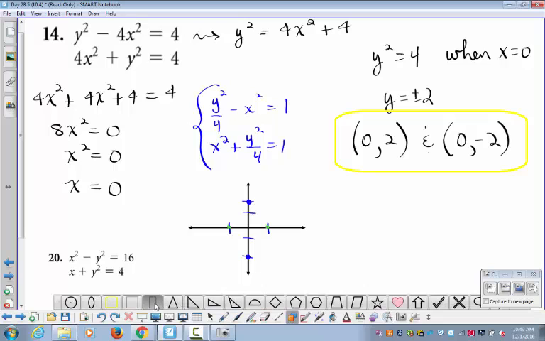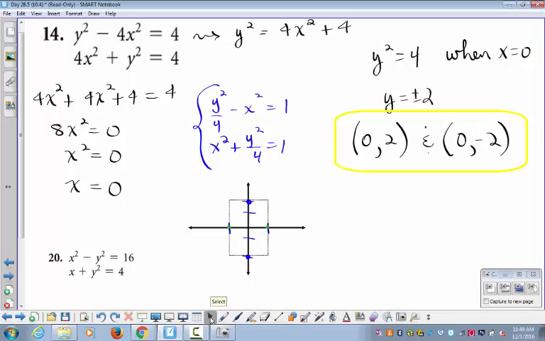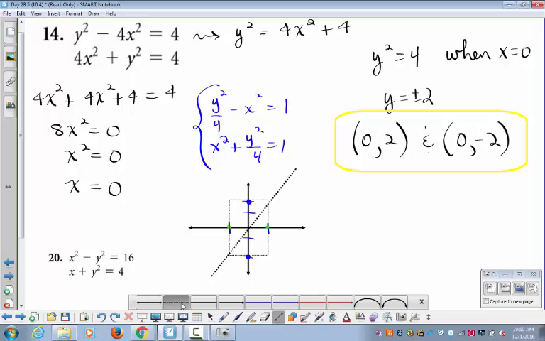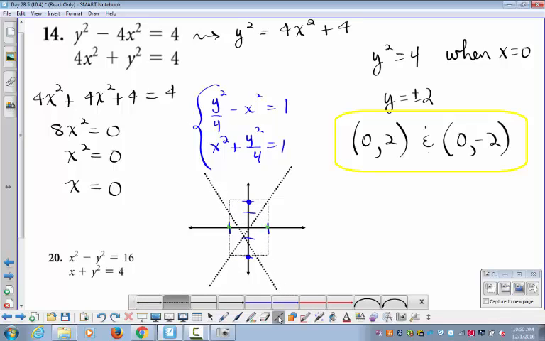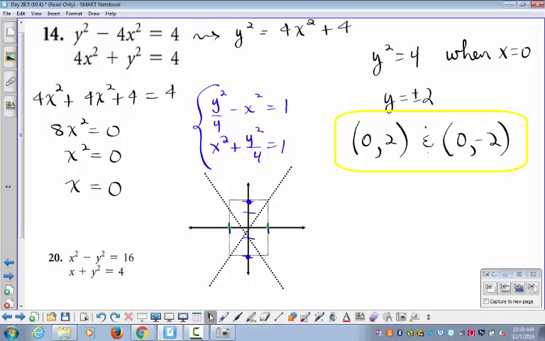So this is our fundamental rectangle. Then we would graph the diagonals. Going through the diagonals, we'll give our asymptotes. And so we've got two asymptotes, and this hyperbola opens up.